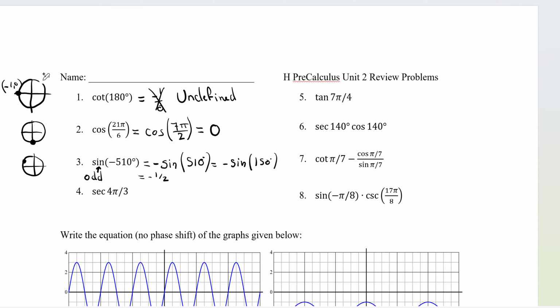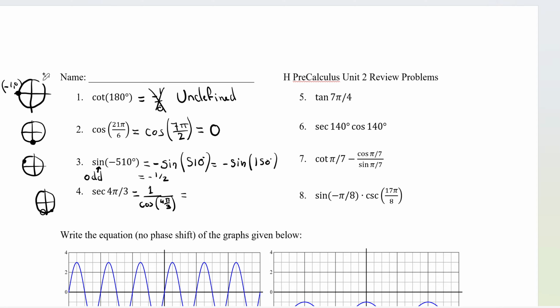Then we have the secant of 4 pi over 3. And so we have to remember that secant is the same thing as 1 over cosine. It's the reciprocal of cosine. So the cosine of 4 pi over 3 is what we're looking for. And then we take its reciprocal. And the cosine of 4 pi over 3 will be right there, right? Do I have that right? 1, 2, 3.